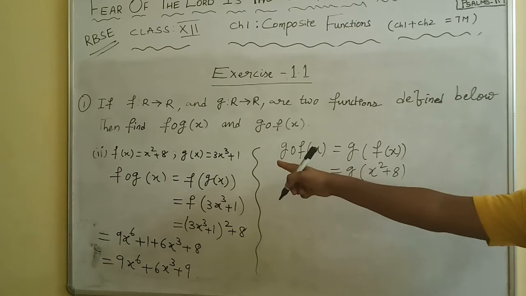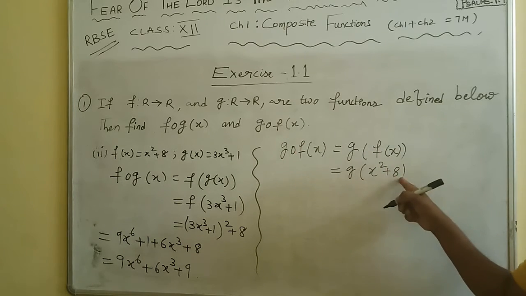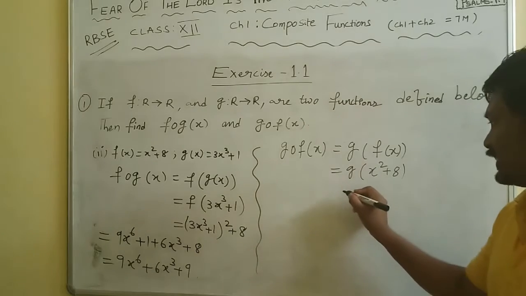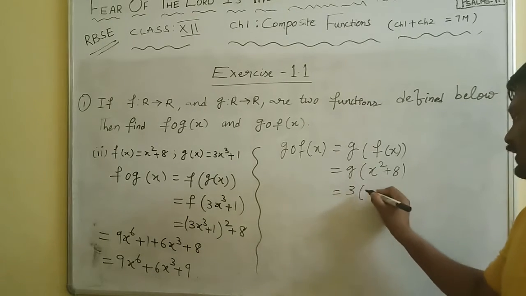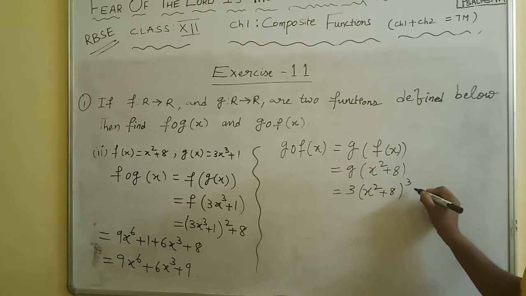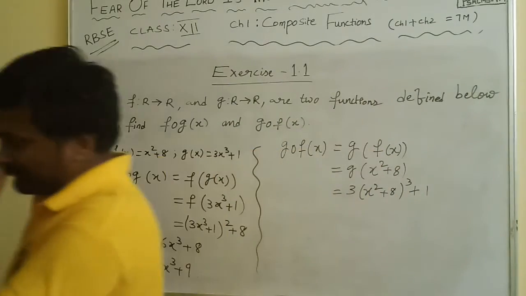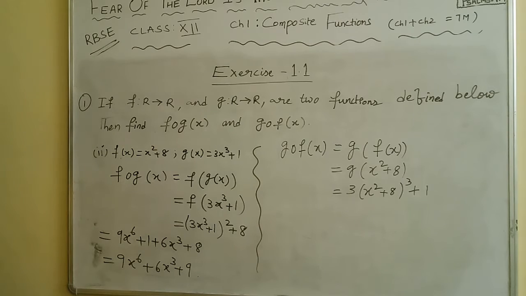Here g of x means 3x cube plus 1. So wherever x is there, substitute x square plus 8. So now we can write this as 3 times (x square plus 8) whole cube plus 1. This you just simplify by using (a plus b) whole cube and write your answer.